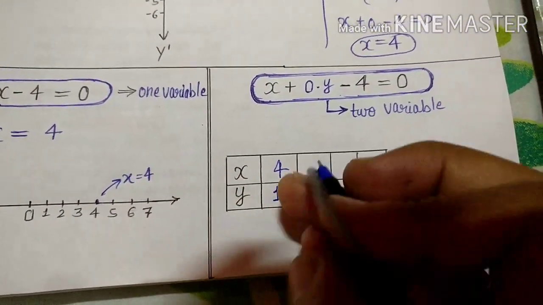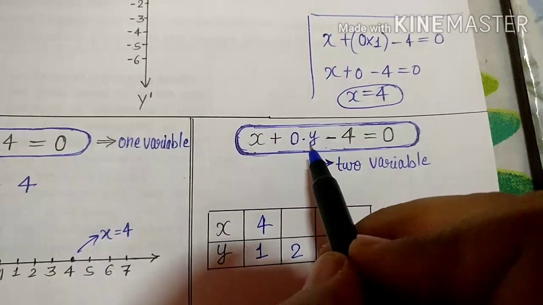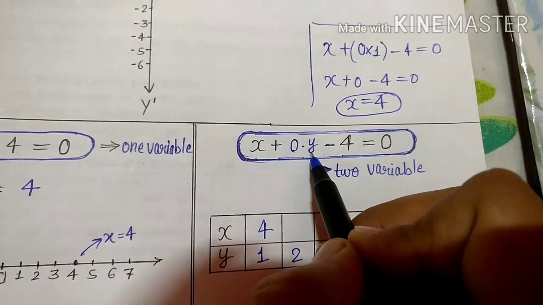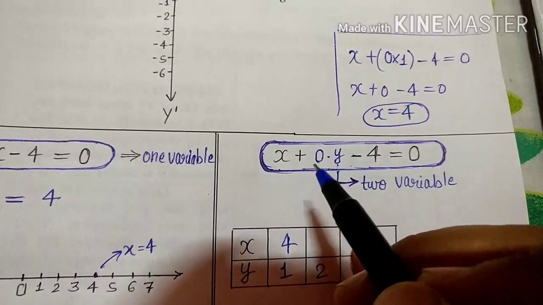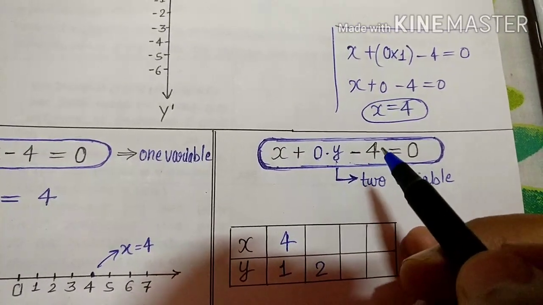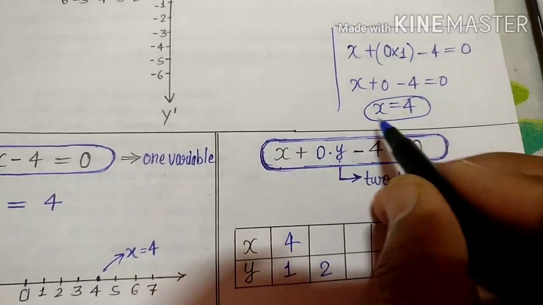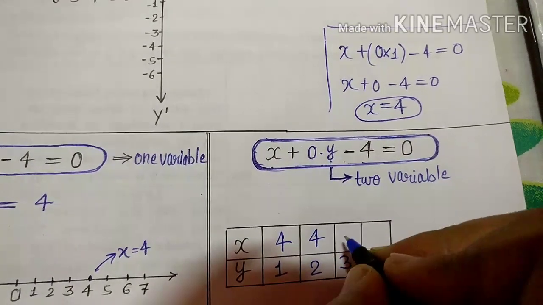Now we can take 2 also. We are assuming the value of y as 2. Now see what will come. If we put 2 in place of y, 2 zeros are 0. Again it will become 0 only, because we know the common rule of math that any number multiplied by 0 gives 0 only. So it becomes again x minus 4 equal to 0, and again the value of x is 4 only. You can put 3, then also 4 will come.